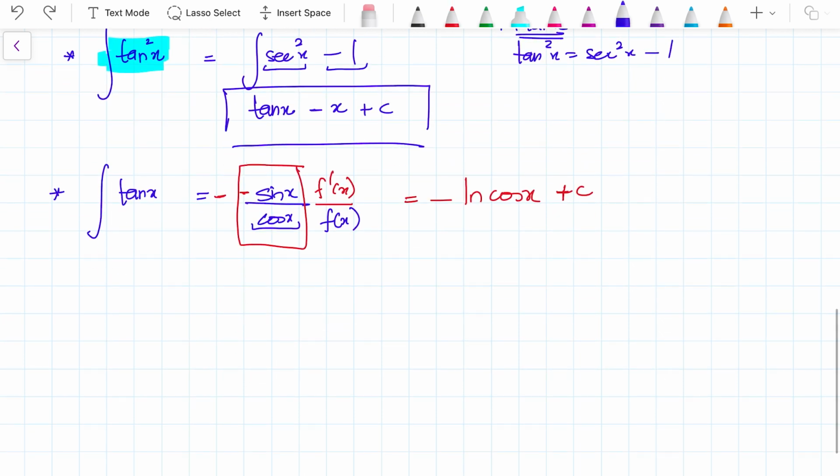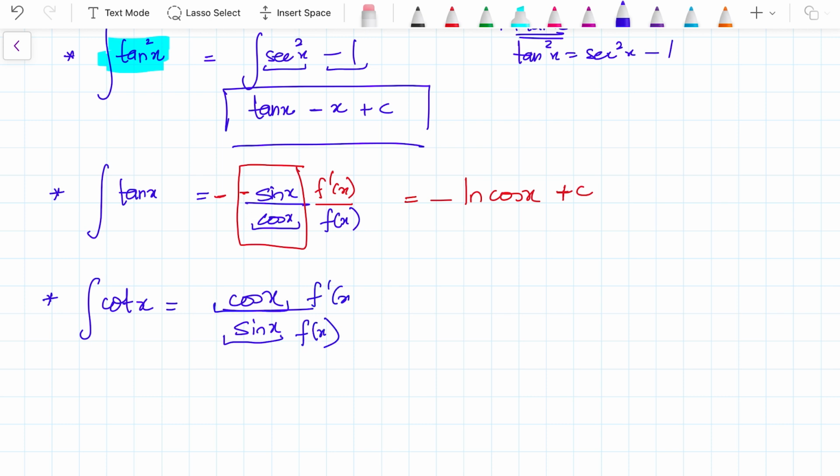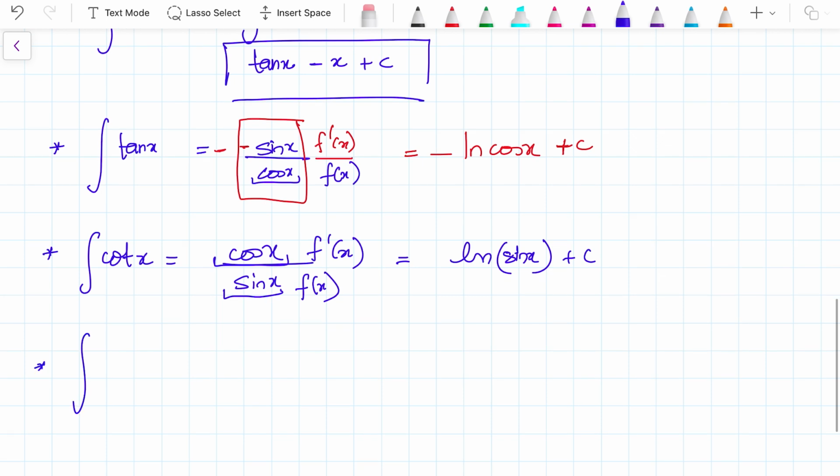Now, let's integrate cot x. So cot x is equals to cos x upon sin x. The integral of sin x, the sin x is my function. The differential of sin x is cos x directly. We don't need any sign change. So it becomes ln sin x plus c. Now, for example, if you have tan 3x, can I write it as sin 3x upon cos 3x?